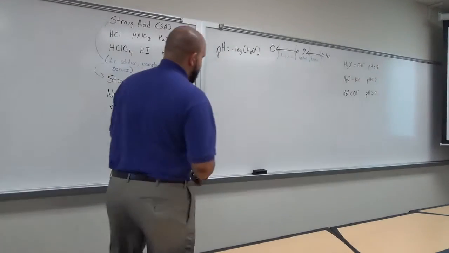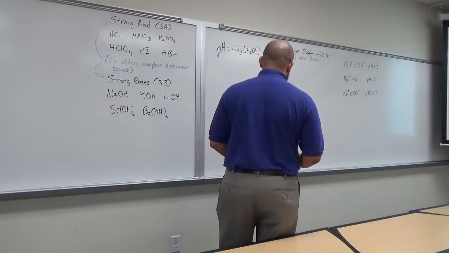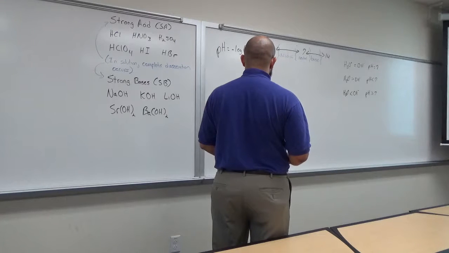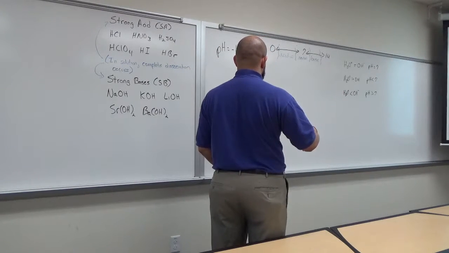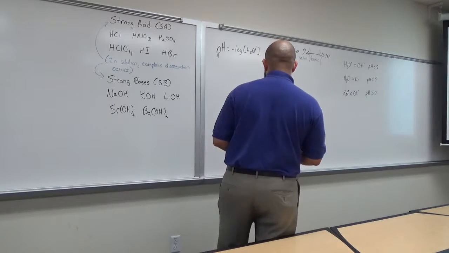So with that being said, let's look at 2 examples. Prediction of products, determination of conjugate acid and conjugate base, and then determination of what you think the pH is going to be.